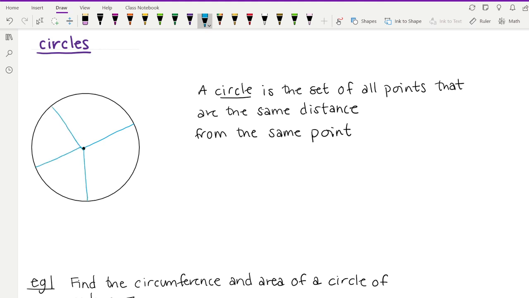All of these blue lines I'm drawing have the same length. And so that distance is called the radius. And then that point, maybe I'll color code this, that point is called the center.